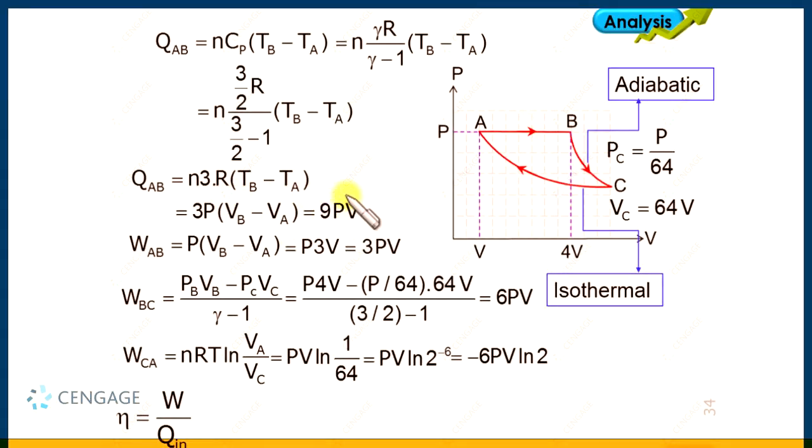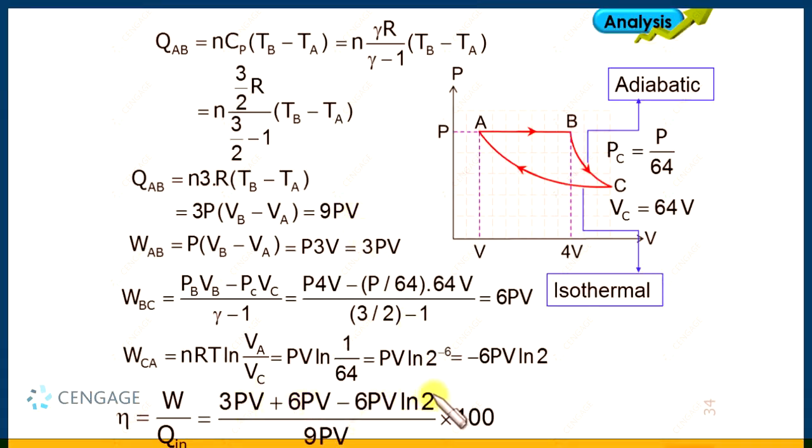So, we can write 3 PV for the first process AB, plus the second process BC, 6 PV, and for the third process minus 6 PV natural log 2, divided by Q in, which is only in this process where it is positive, that is 9 PV. PV will get cancelled, and on solving we will have the value 3 minus 2 natural log 2, divided by 3, in percentage.